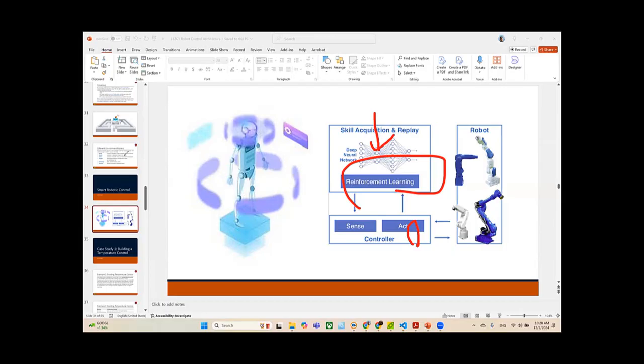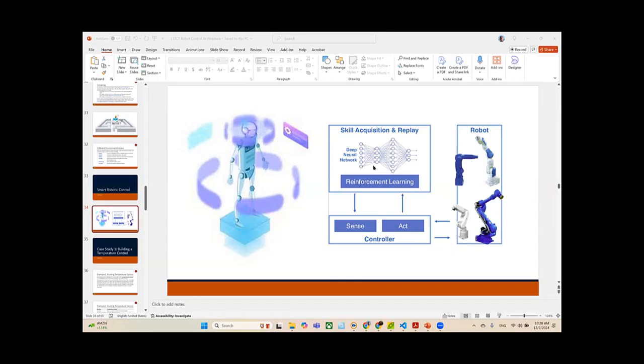A robot can be traditional without deep learning training. It may have a humanlike arm or body, humanlike eyes, computer vision, but it may not be a smart robot.